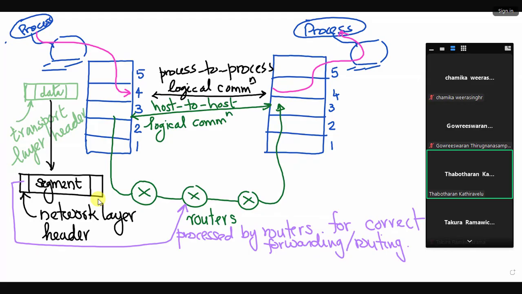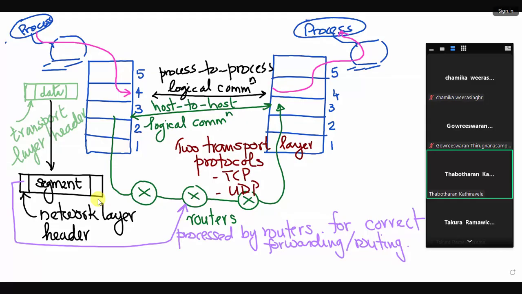And we also saw that we have two transport layer protocols. One is TCP and the other one is UDP. We saw this also in our last class, so that is another recap of what we have looked at.